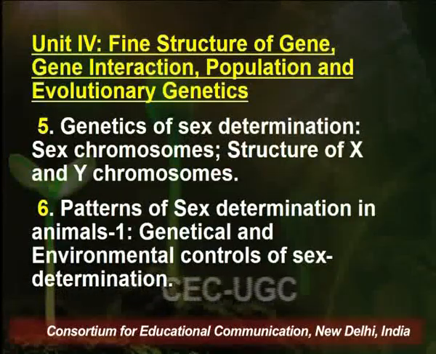In the past two lectures in the series, we have made some very extensive discussion on the mechanism of sex determination in animals. Today, in accordance with the syllabus that we have in genetics, we have already covered topics 5 and 6, as you can see on your screens, which comprise unit 4.